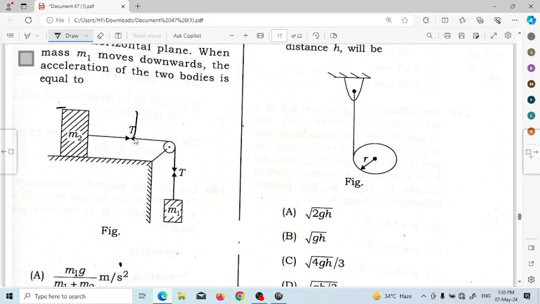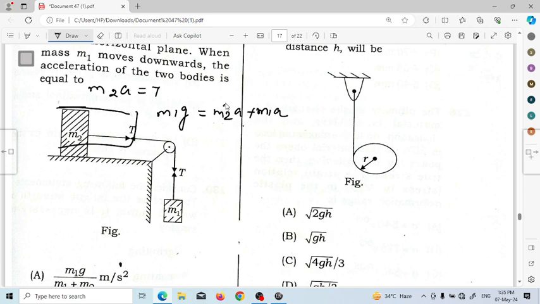So from this body, m2a is equal to tension, this t, and from this one we can write m1g is equal to m2a plus m1a.